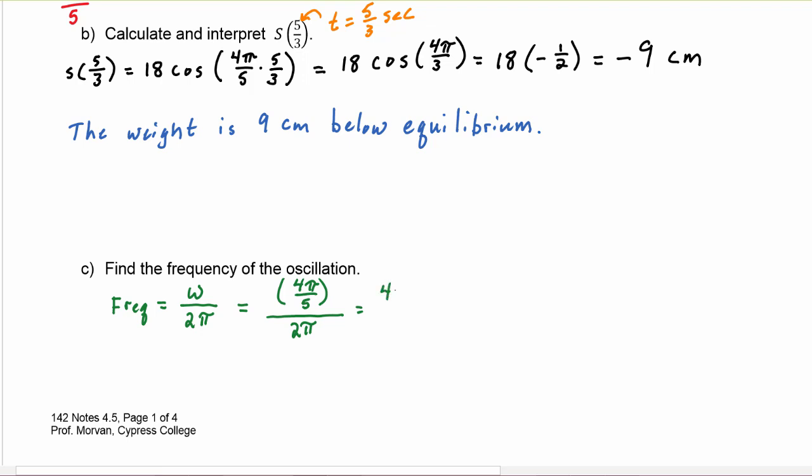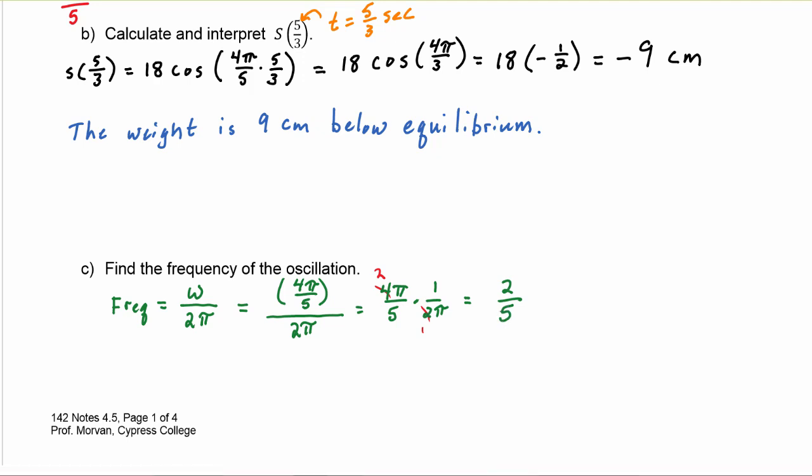So this becomes 4 pi over 5 times 1 over 2 pi. Now the pi's will cancel out. 2 goes into 4 twice. So we're going to end up with 2/5.